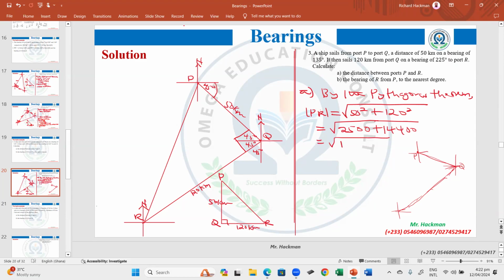So 169 and 00, which gives us 130 kilometers. So 13, then you bring your 169 will give 13, and the 100 square root will give you 10. So you give me 130. So 130 km.